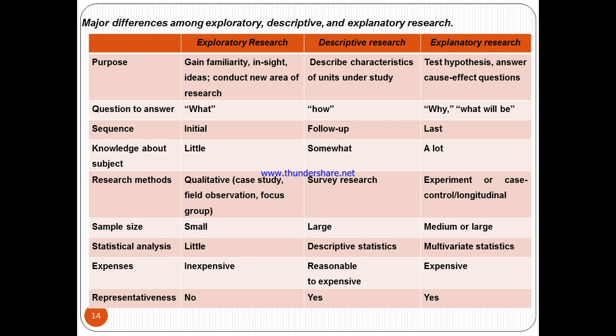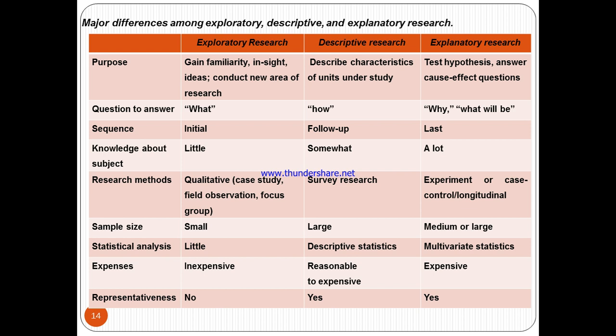On the other hand, descriptive research describes characteristics of units under study simply for description purposes. And explanatory research tests hypotheses and answers cause and effect questions. It is more focused on explaining results.